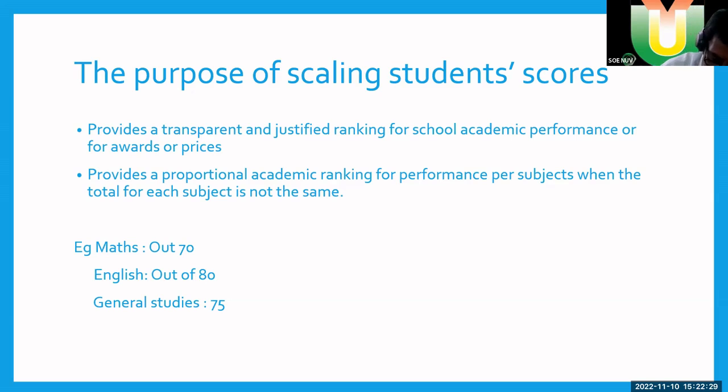Okay, now why must we do this? The second reason is to provide a proportional academic ranking for performance per subject when the total for each subject is not the same. For example, you have an examination of mathematics out of 70, English out of 80, and general studies out of 75.